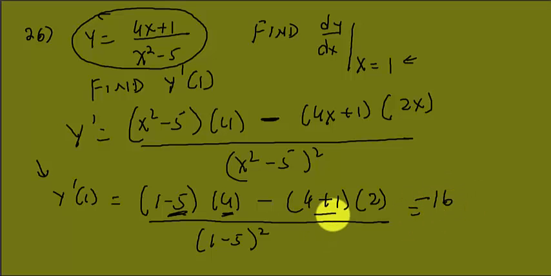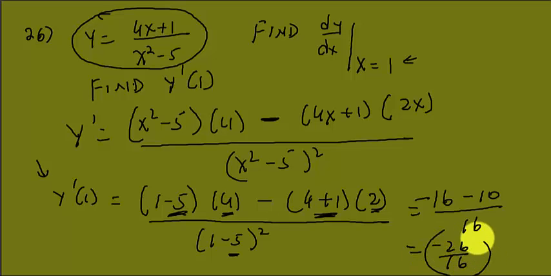And then this is going to give me 5 times 2, which is 10, so minus 10. All that over negative 4 squared, which is 16. On the top, I'm going to get negative 26. On the bottom, 16. And y prime of 1 is negative 26 over 16.